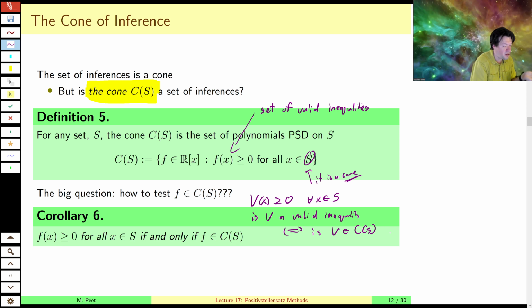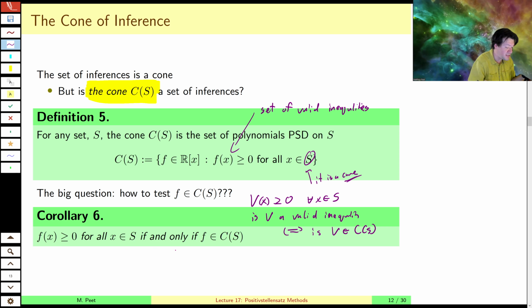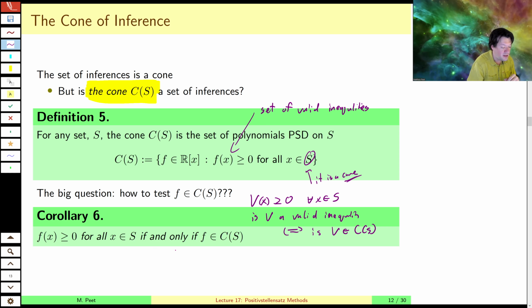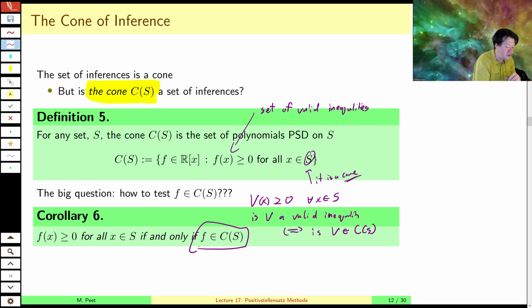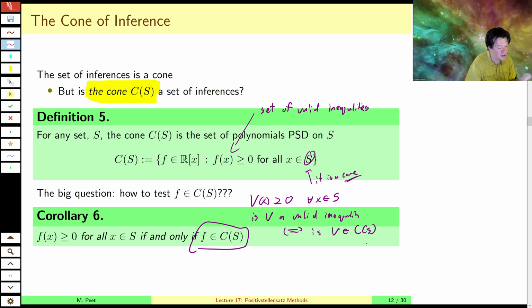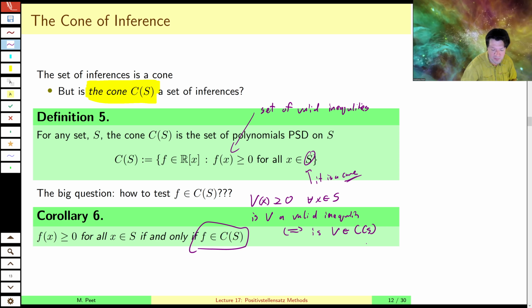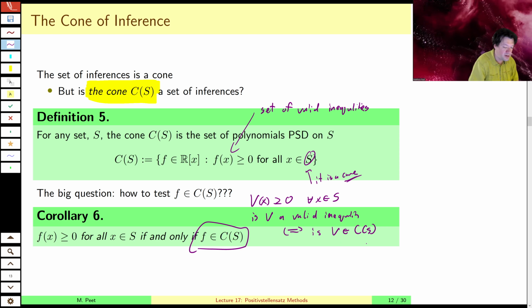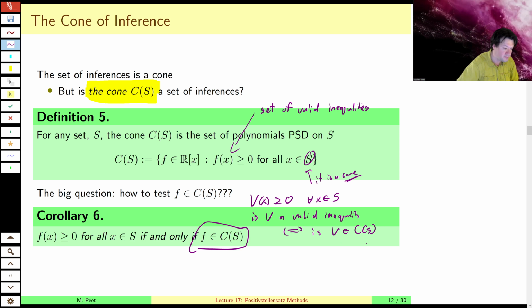So V is positive on the set if and only if, just by definition, this isn't really a corollary, it's just a definition, V is in that set. This is necessary and sufficient, it's just by definition. And so the question, of course, becomes, how does one test whether V is a valid inequality?